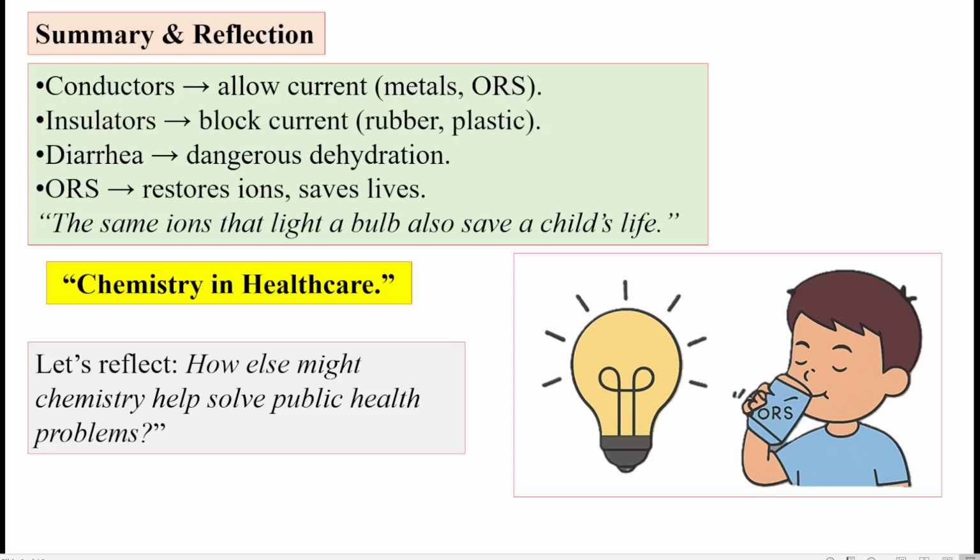The same ions that light the bulb can also save a child's life. So I connected chemistry in our day-to-day life through healthcare. Now think how else chemistry might help to solve public health problems.